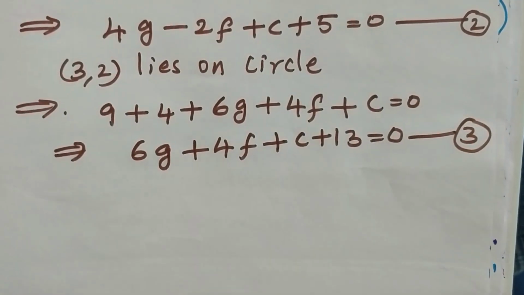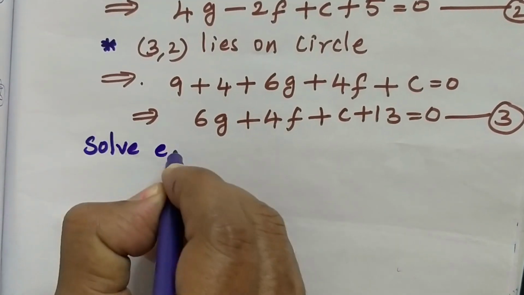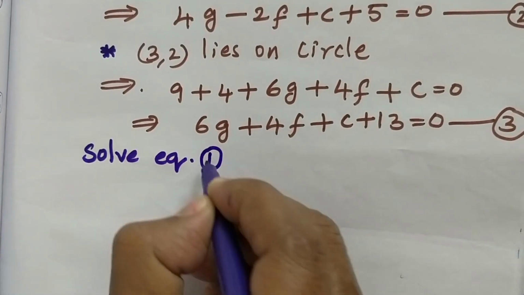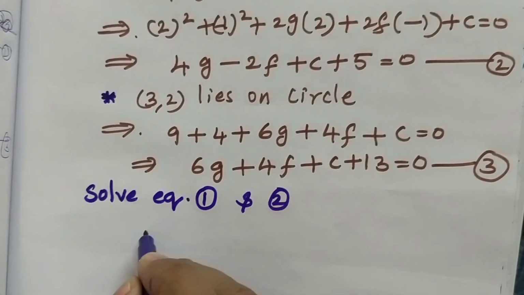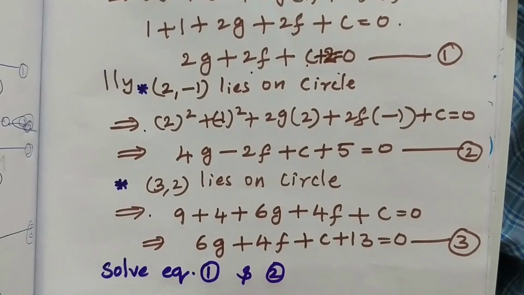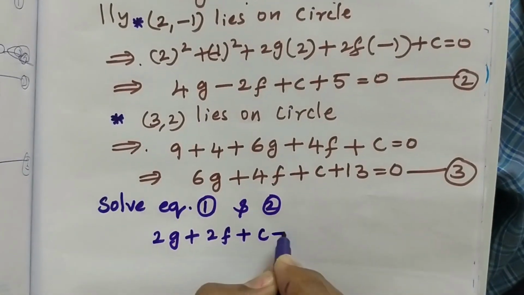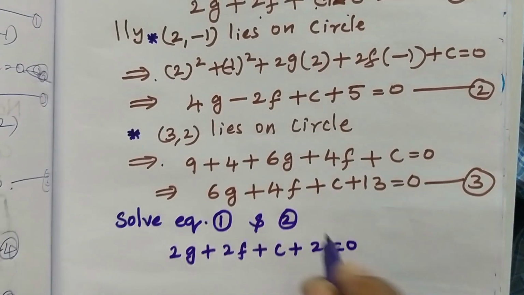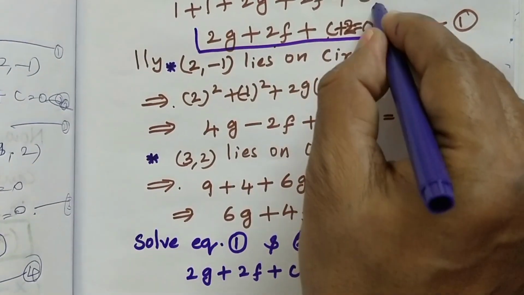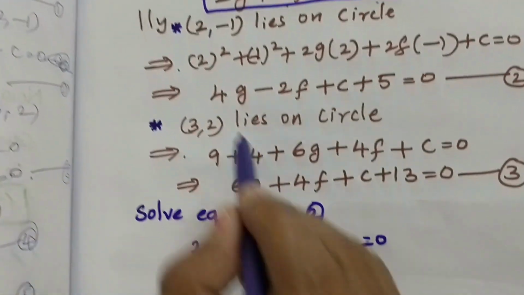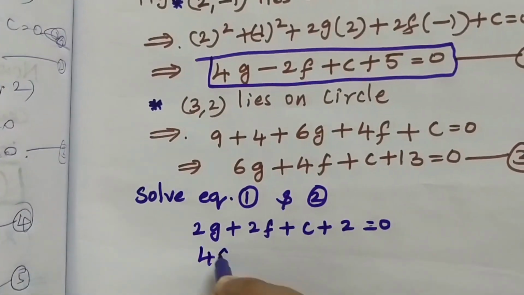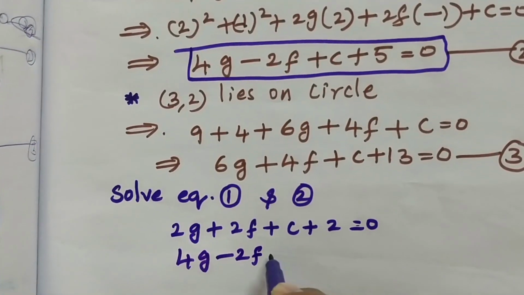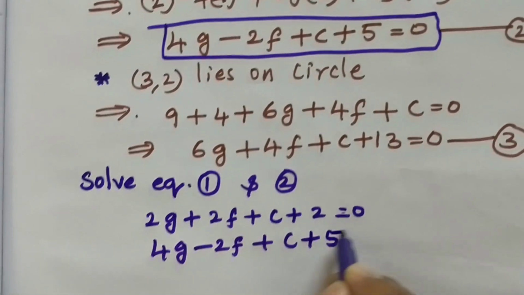Solve equation 1 and 2. What is equation 1? That is 2g plus 2f plus c plus 2 is equal to 0. Equation 2 is this one: 4g minus 2f plus c plus 5 is equal to 0.